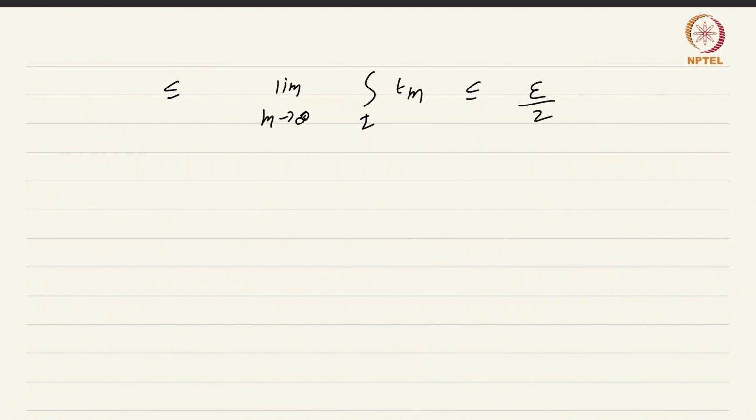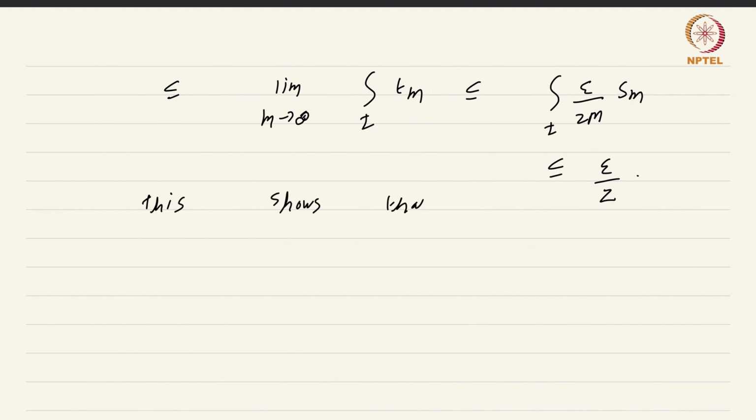Why is this going to be less? Let's elaborate that. Well, this is less than or equal to the integral over I of epsilon by 2m S_m, which is going to be less than or equal to epsilon by 2. Okay, so this shows that the length, the summation n equals 1 to infinity of |D_n|, is less than epsilon as claimed.